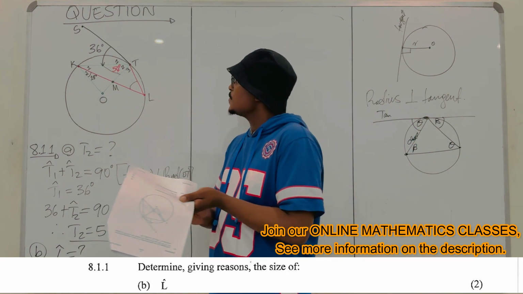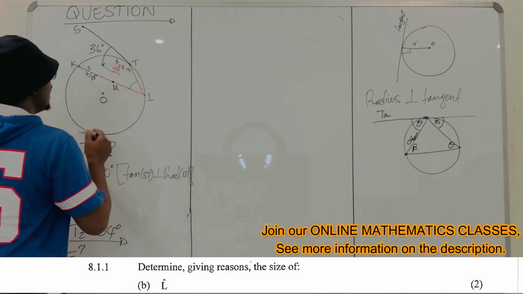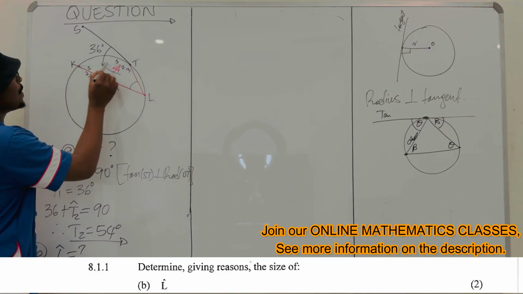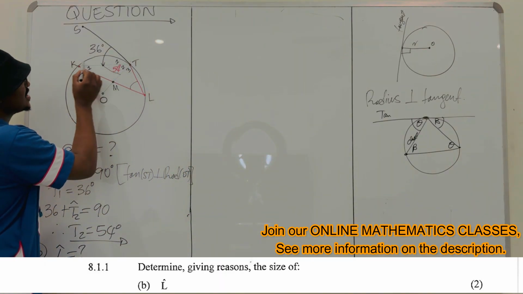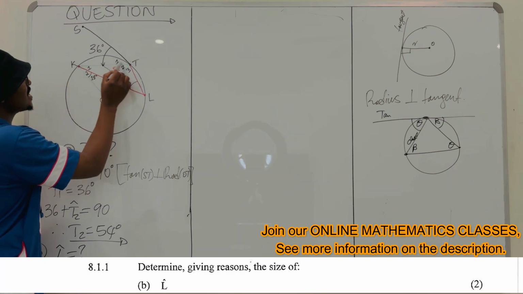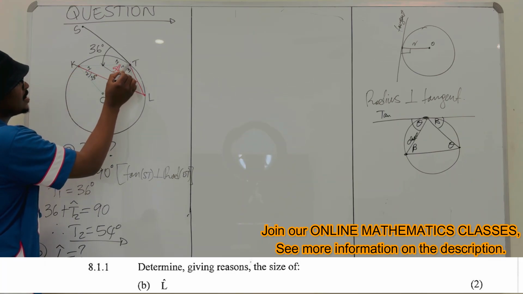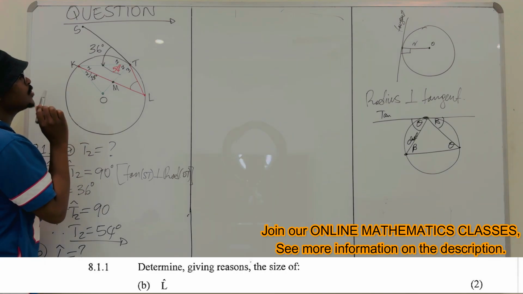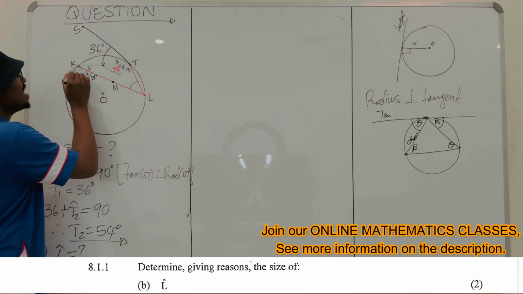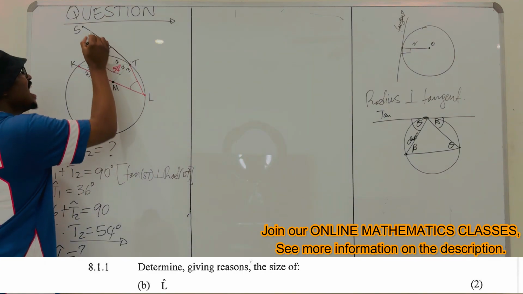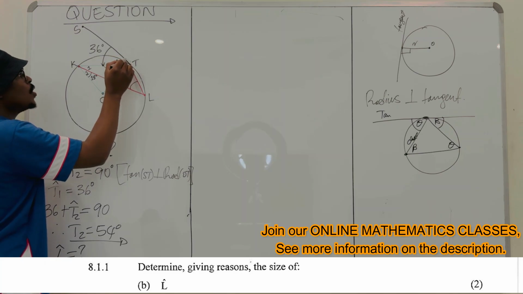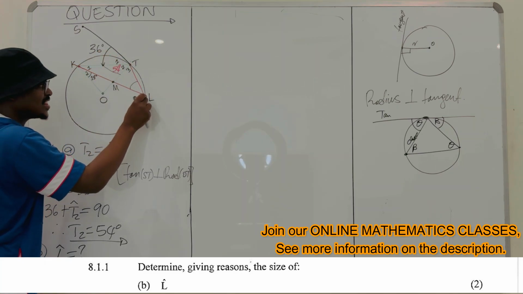So, look now. This angle L is formed by KT over there. Now, apply that. The angle between this chord and the tangent is equal to the angle that this chord subtends on the other side.